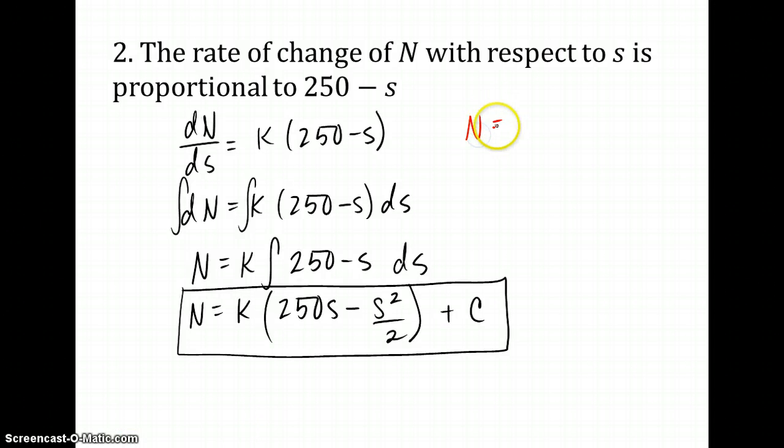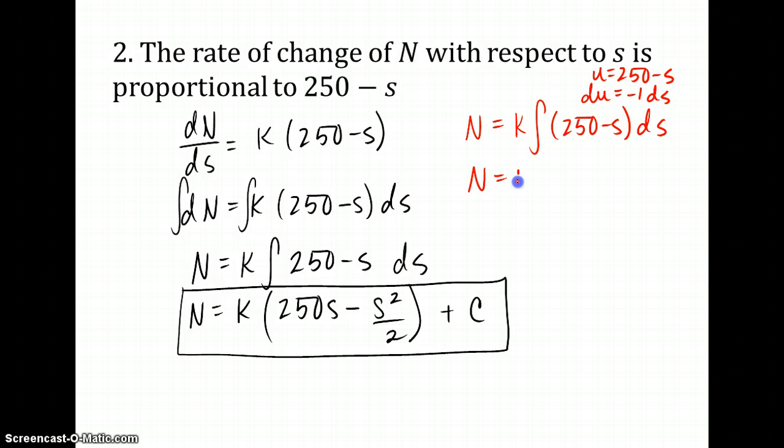Now, another way we could solve that, if you think of 250 minus s as that entire quantity, we could set up a u substitution to be 250 minus s. du would be negative 1 ds. So we need a negative out front.